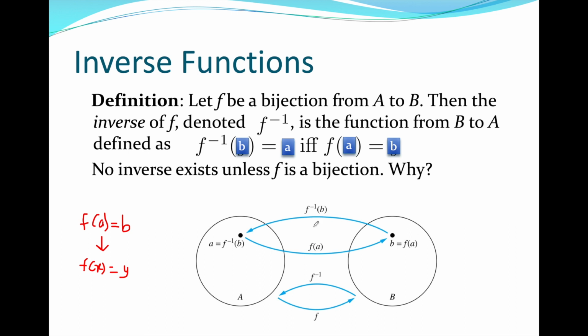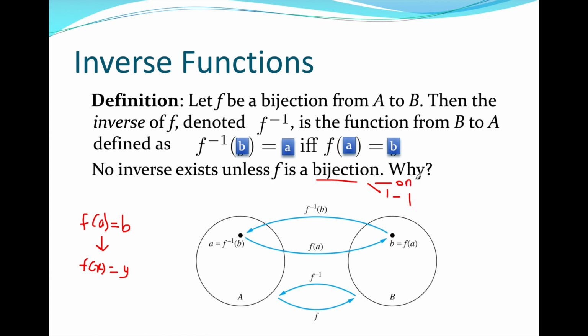Now the phrase here, no inverse exists unless f is a bijection. So remember the definition of bijection. Bijection means that the function must be one-to-one and the function must be onto.